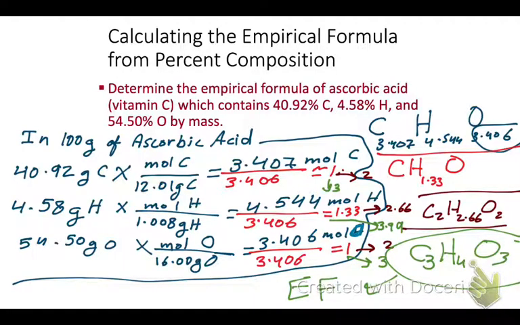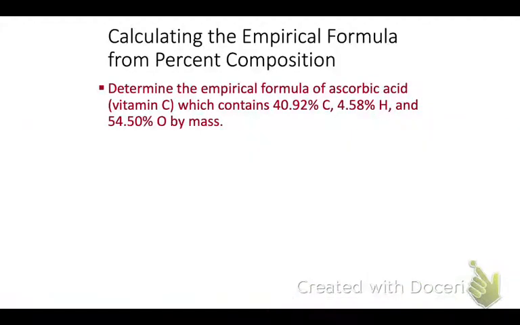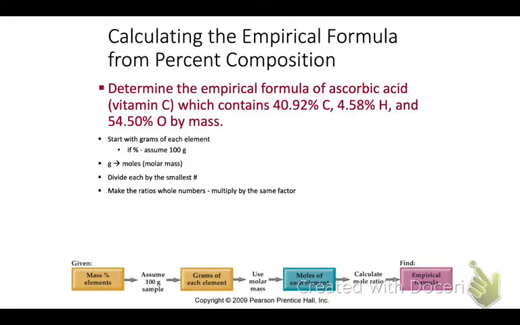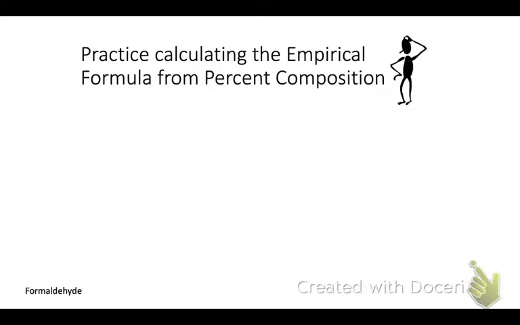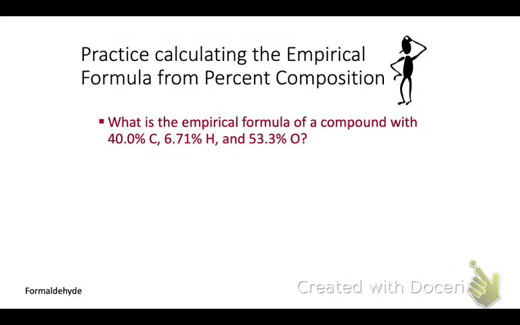Okay? Now, I'm going to give you a question to practice what you just learned. And these are the steps that you normally follow. Practice calculating the empirical formula from percent composition. This question is now for you to practice. You have to repeat the same process that we went through together.